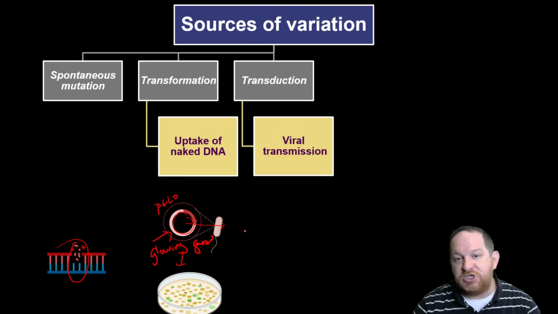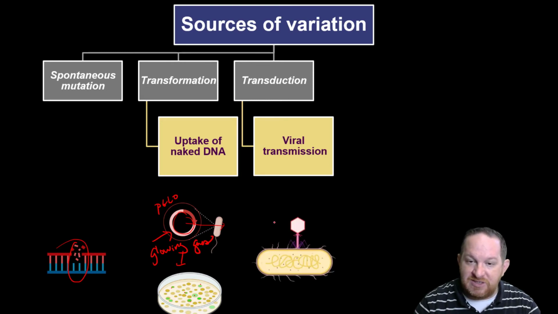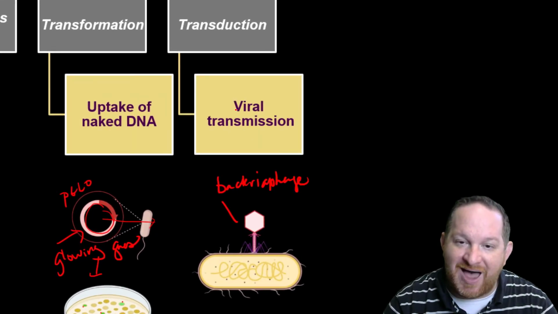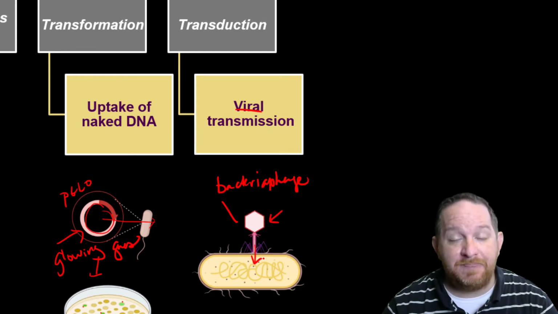Another source of variation is transduction. This is viral transmission. You may remember these little bacteriophages. Those are basically just little viruses, right? So there's the virus, and it injects viral DNA into the bacteria.